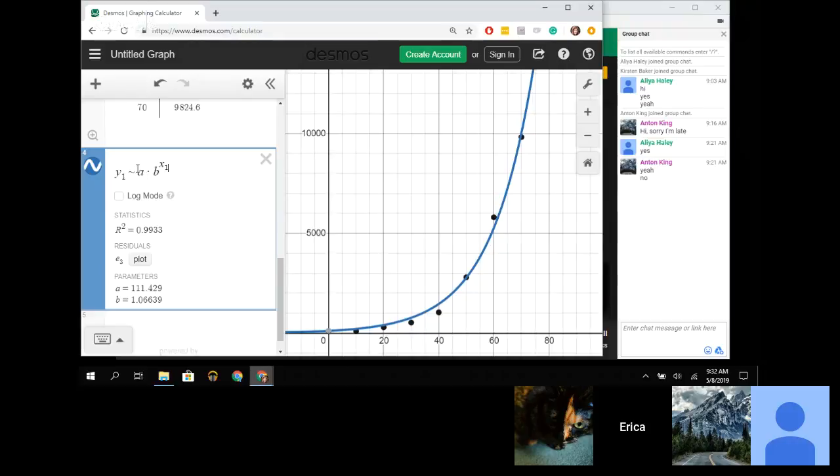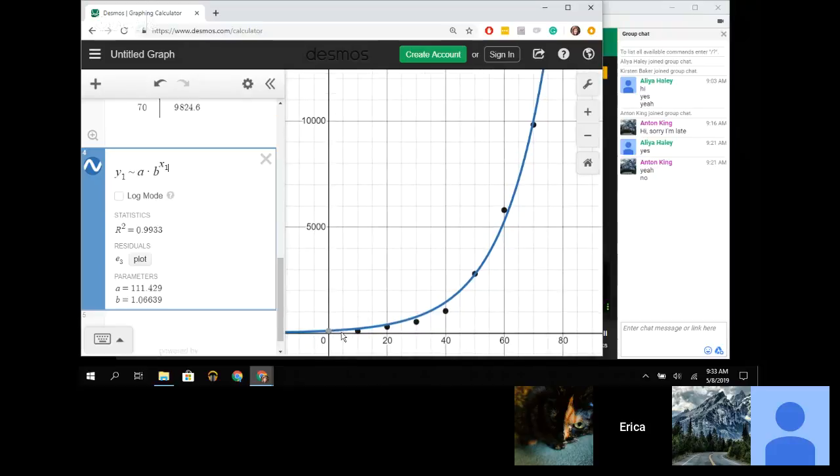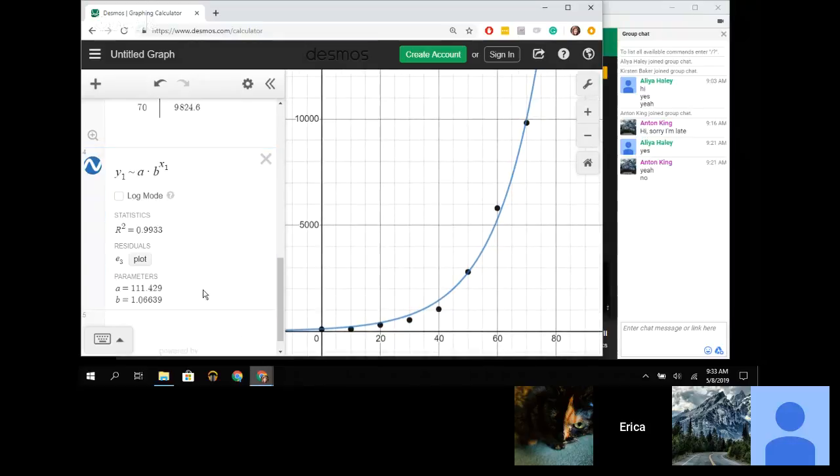Okay, so what I typed in is a general formula for an exponential equation, and look at that beautiful graph there. Does that look like it models it well? I think so. That looks like a really nice model of my data, right? It kind of gets the initial and then the growth. So if I wanted to find a model for my data, which is what number 10 says, I would pick this model.